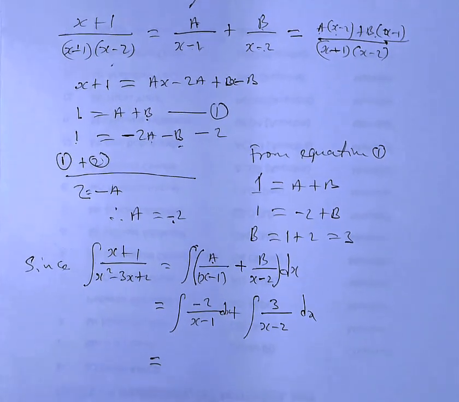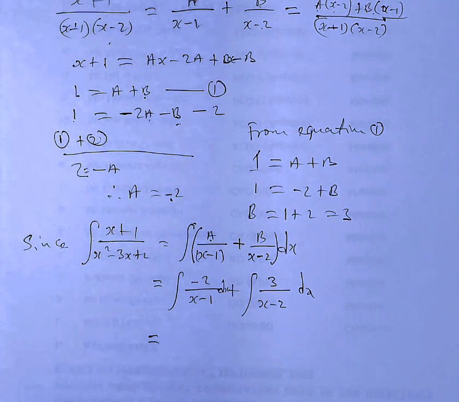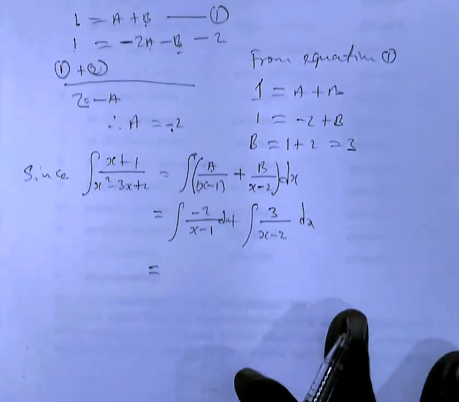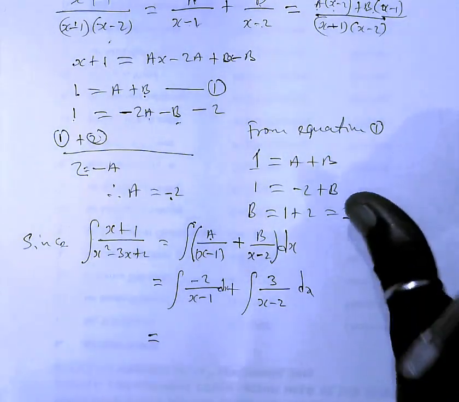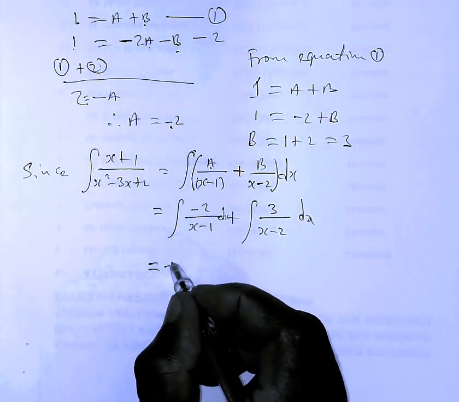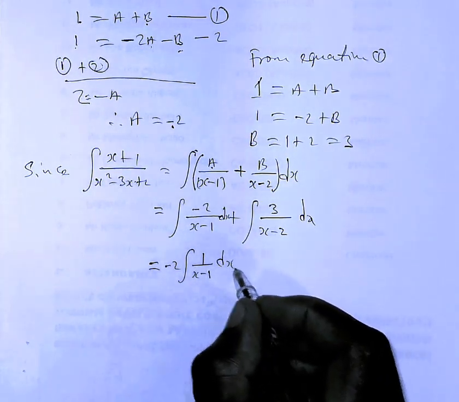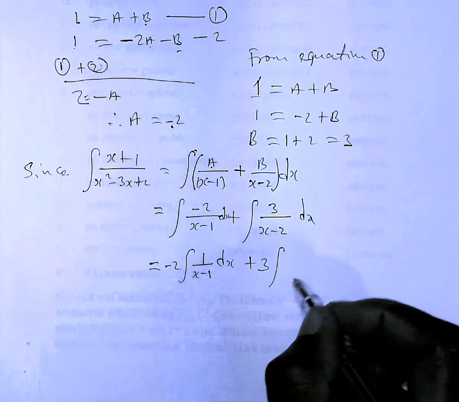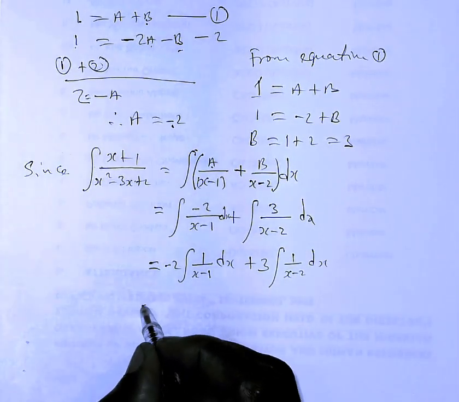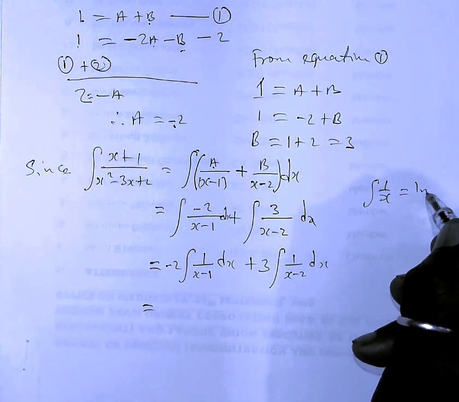This will be minus 2 times the integral of 1 all over x minus 1 dx plus 3 times the integral of 1 all over x minus 2 dx. To integrate this, recall that the integral of 1 all over x is ln x.